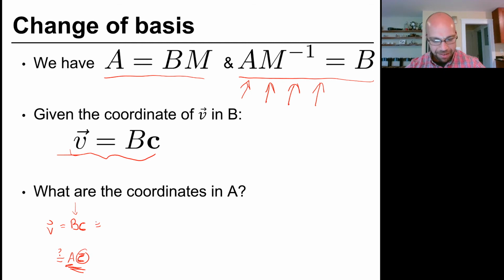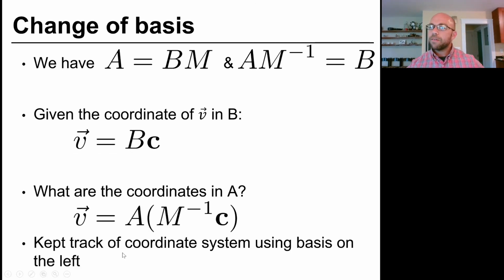So these things fit together nicely, right? I know B is equal to A times M inverse times c. So if I factor it that way, I just found the coordinates in the other basis. Oof, sorry about that. Okay, and so that's what we've written here.